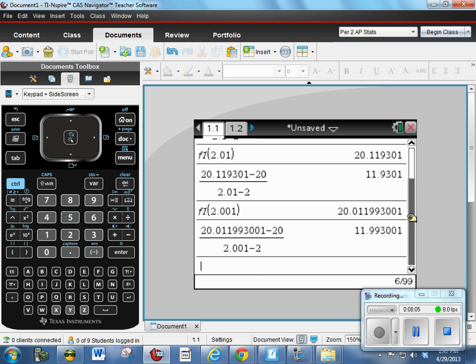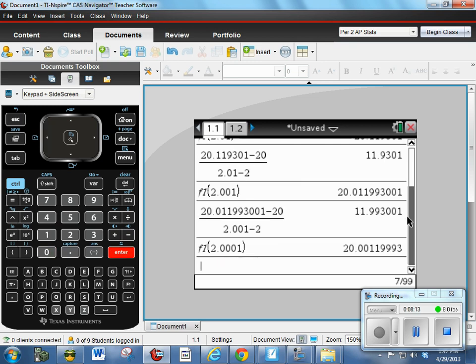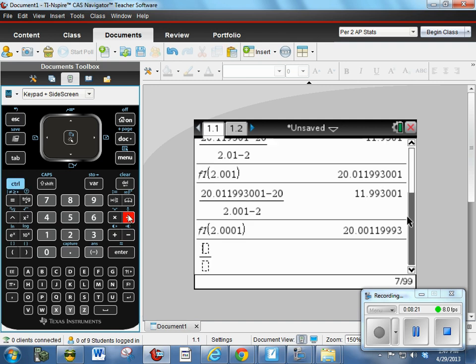So I'm going to go grab this and put one more 0 in here. Now we have 20.0012. So using my slope formula, I go up and grab this number, subtract 20 from it. So we're just taking points that are closer and closer. 2.0001 minus 2.